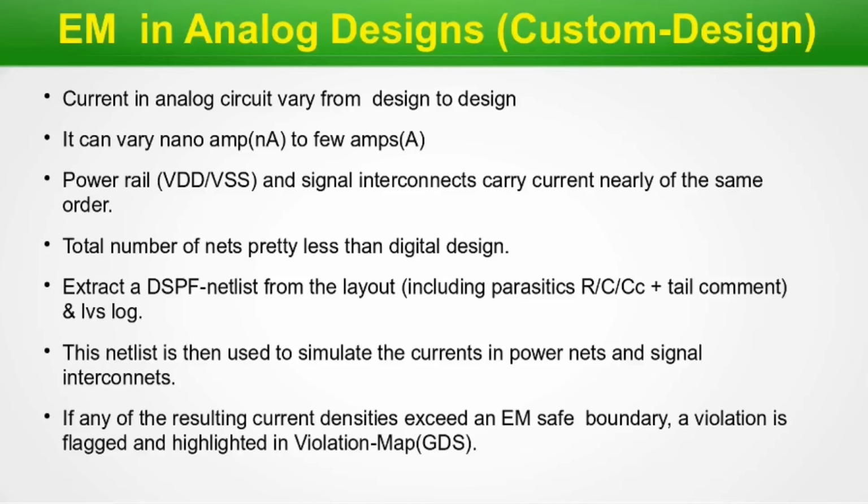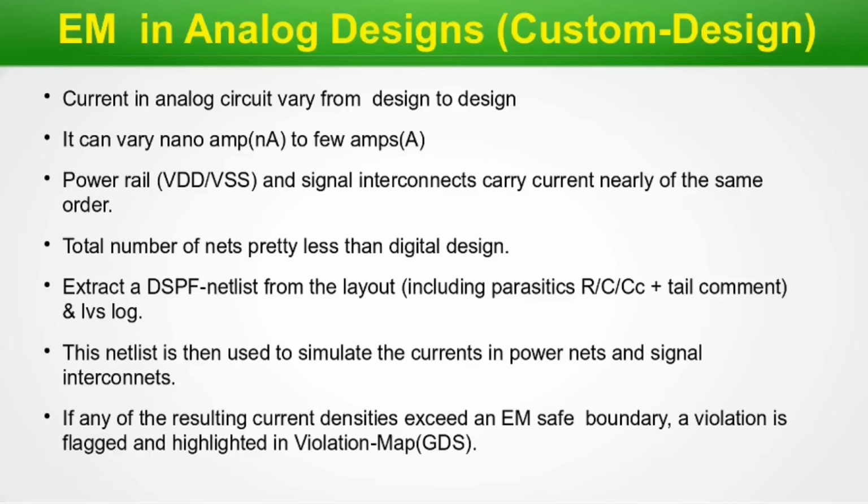As I mentioned earlier, if any of these resulting current densities exceed the EM safe boundary, a violation is flagged for that particular net and a violation map is generated. This could be GDS, whatever, and we overlay this violation map, the hotspot map, over the actual layout and point out the faulty points.